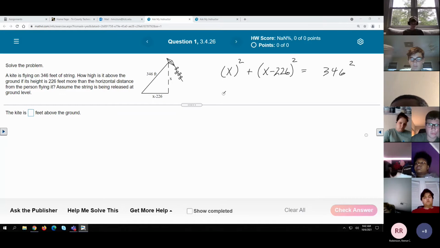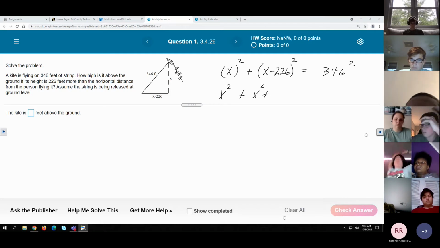And this is going to be x squared plus, this is going to be x squared plus 552, I don't know, 26 and 26 is 52, isn't it? Somebody, what's 226 times 2? 552? Yeah, I think so. And then what's 226 squared? Somebody do that for me.